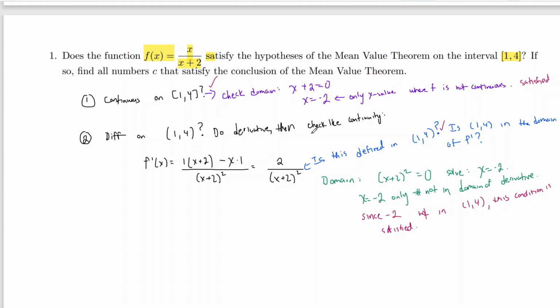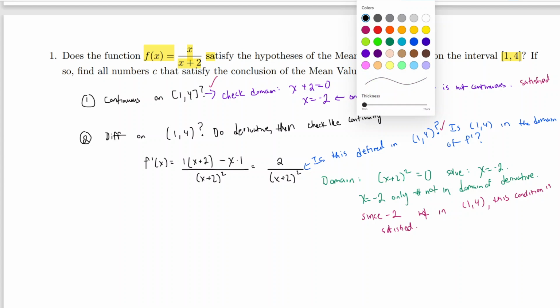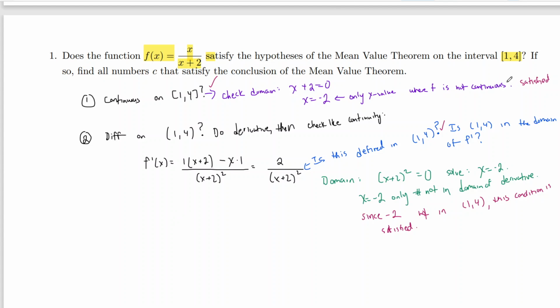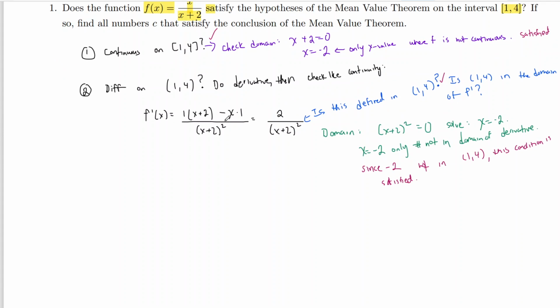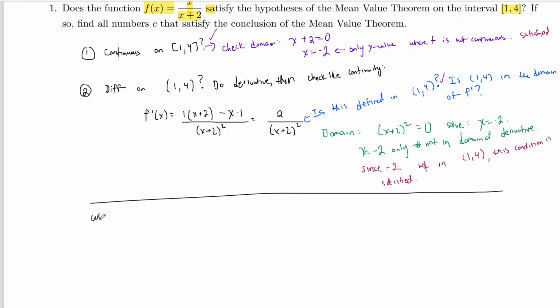We satisfy both conditions. Now that means what? Well, now we want to actually find the numbers c that satisfy the conclusion of the mean value theorem. So what are the c values?